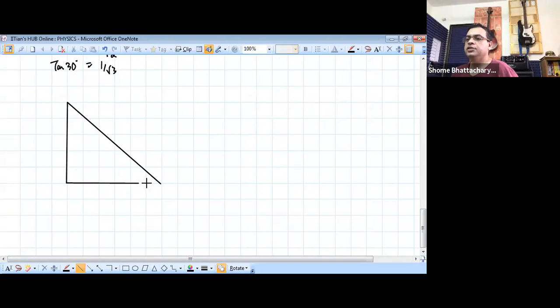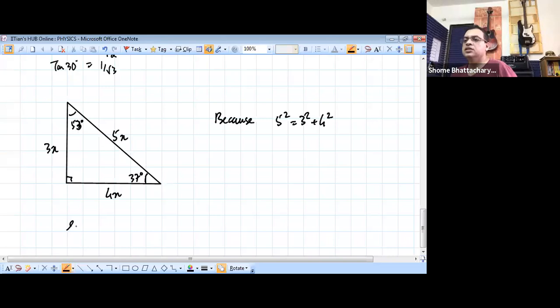So if we draw a triangle where the ratio of the perpendicular and base is 3:4, the hypotenuse becomes 5, because 5 square is equal to 3 square plus 4 square. It just so happens that in this case, this angle is 37 degrees. So this is something new that you'll have to learn. And this angle is 53 degrees.